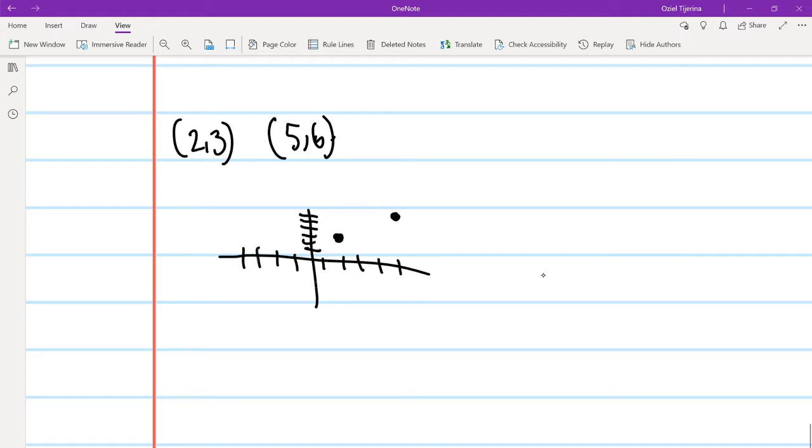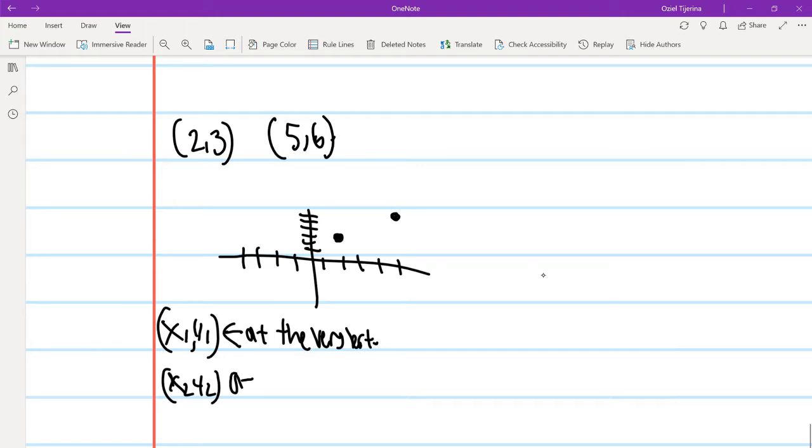And remember what I said about looking between x1, y1, and x2, y2. x1, y1 is at the very left. x2, y2 is at the very right.